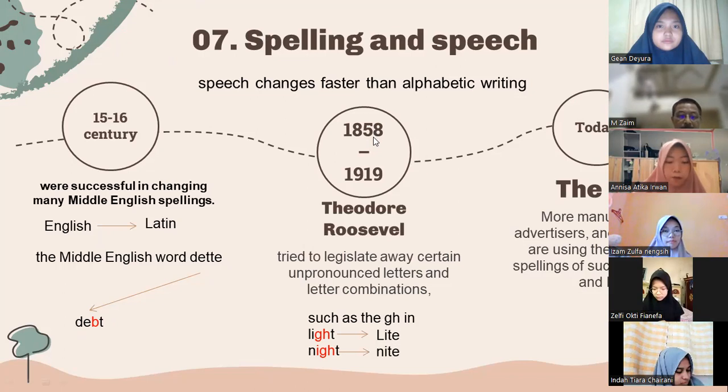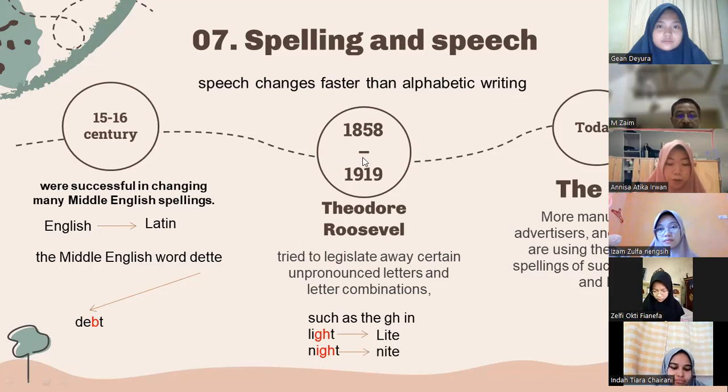Then in the following years, the reformers, like Theodore Roosevelt, tried to bring the English spelling that had been changed before back to the English phonemes.